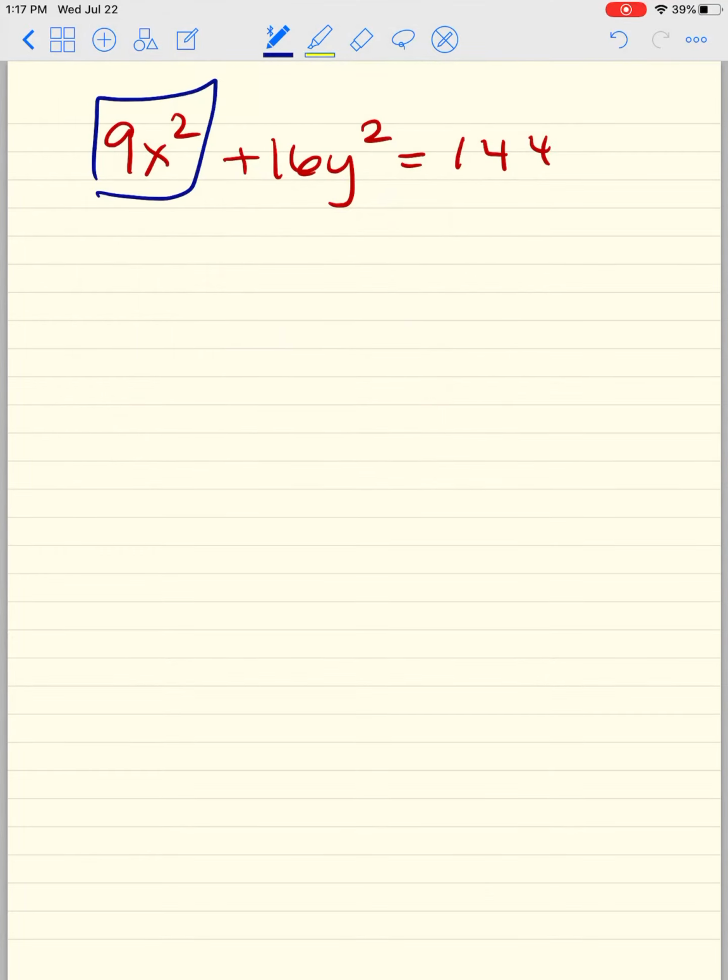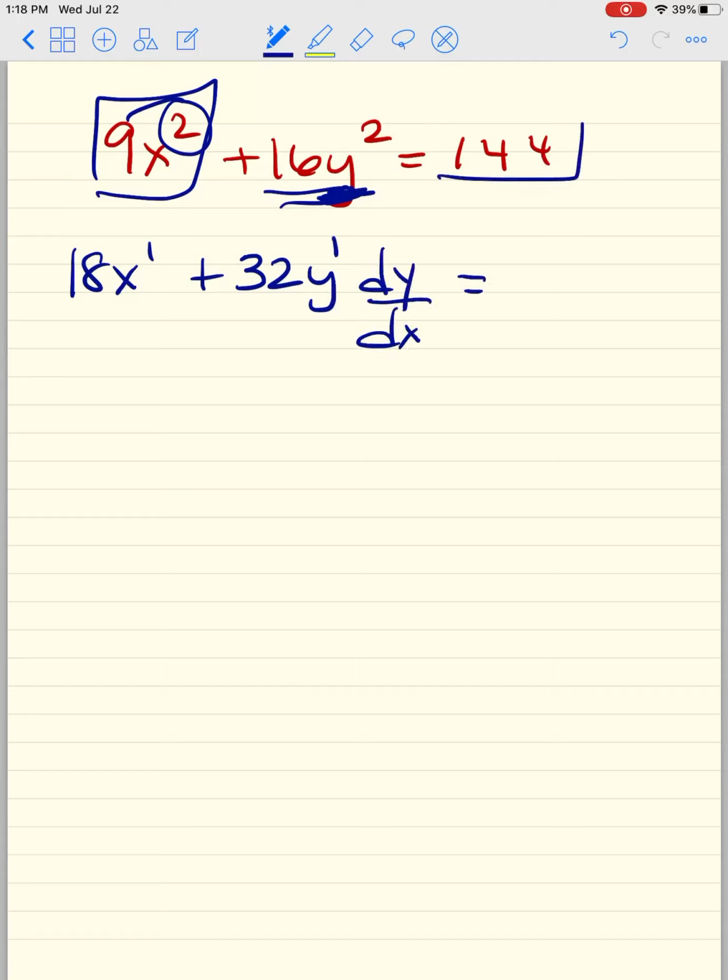The derivative of 9x squared is 18x to the first, okay? Derivative of 16y squared is 32y to the first. Because the letter is a letter other than x, we need to go d the letter dx. The derivative of 144 is 0.